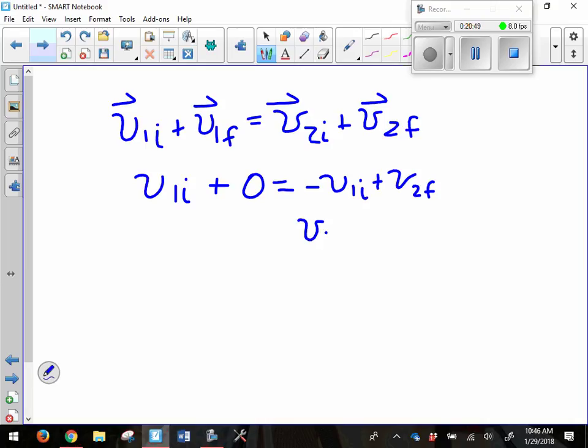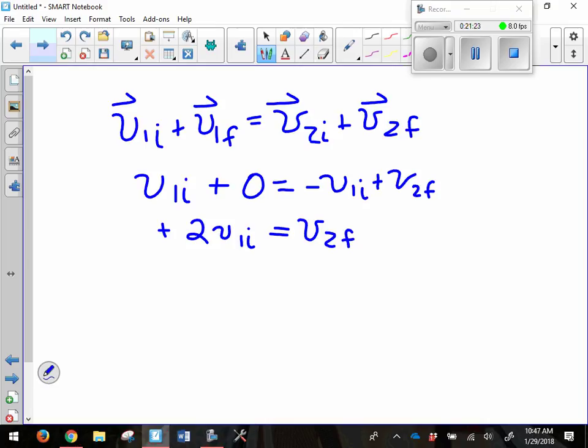So this tells me that V2F is equal to 2V1I. Positive 2V1I. So our assumption that it was going to move to the right in the positive x direction was correct. And not only that, it puts all of my velocities in terms of V1I, which probably means I'm going to be able to do what?